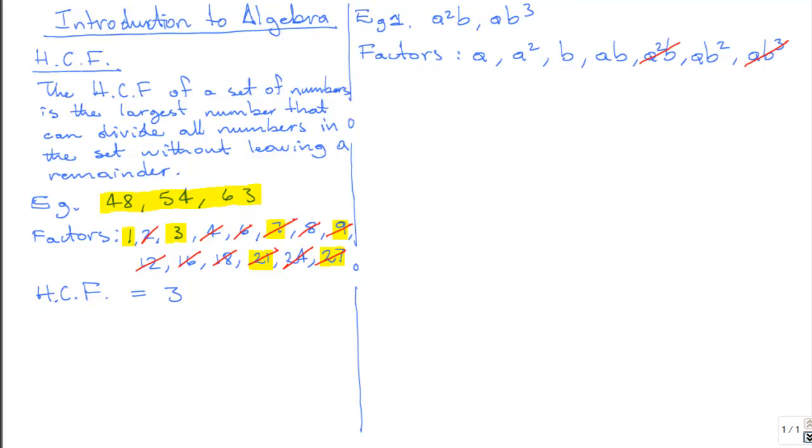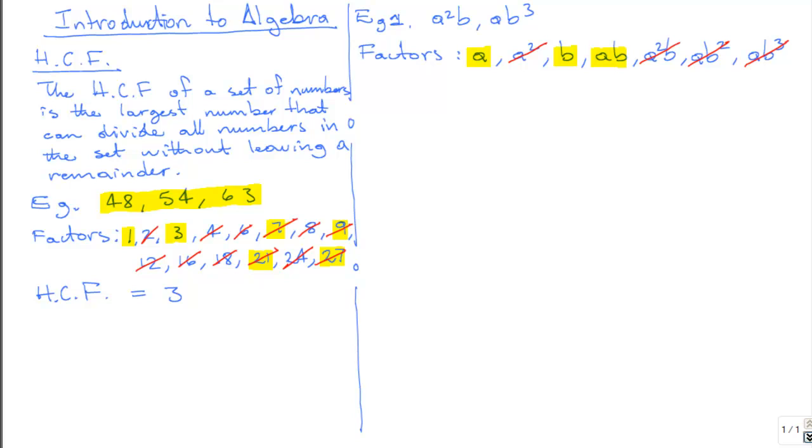We can also eliminate ab squared because that's a factor of ab cubed but not a factor of a squared b. So now we're left with a squared, b, and ab. But we can also eliminate a squared because a squared is not a factor of ab cubed. So when all is said and done, we are left with three factors: a, b, and ab.